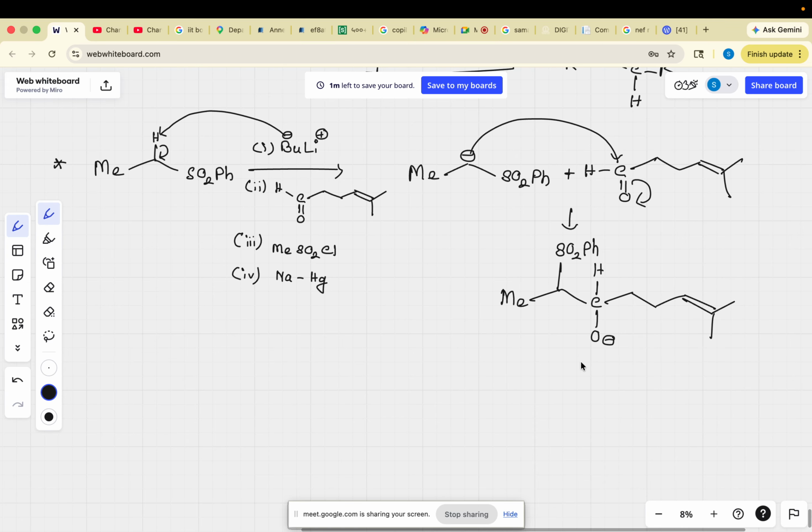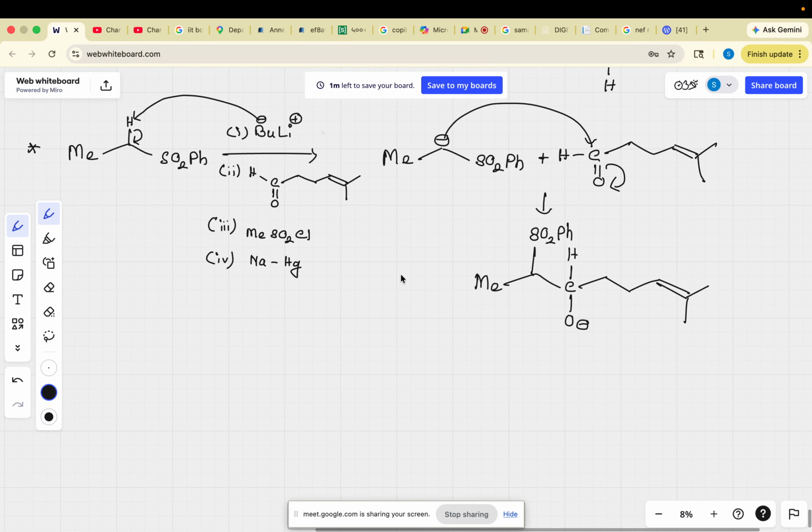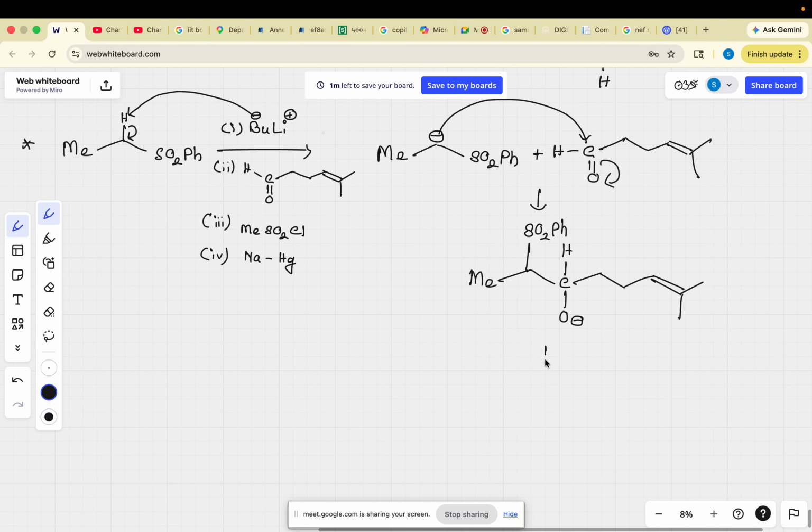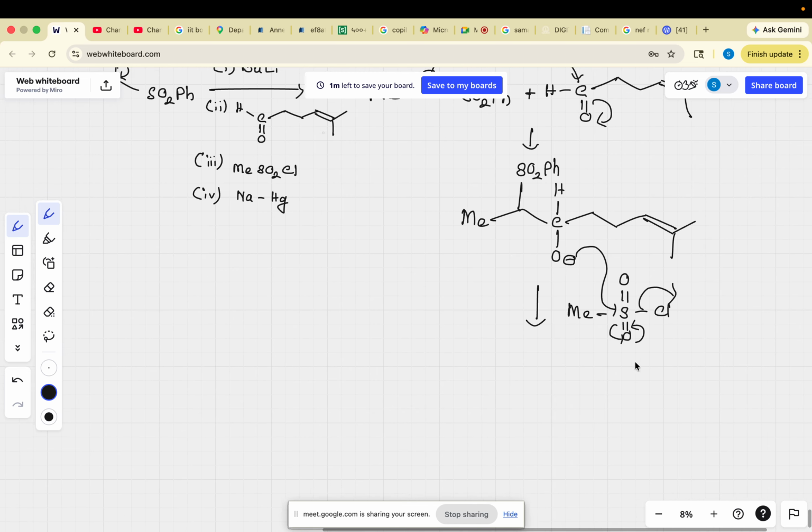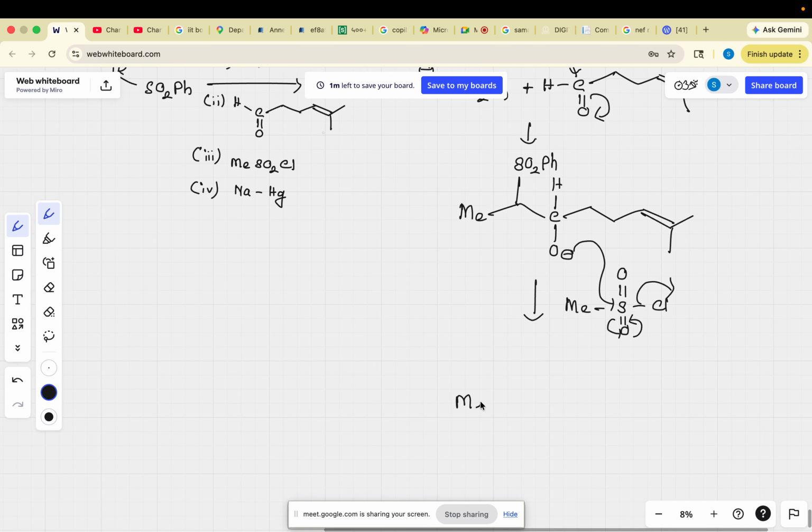Okay, next what I have, MsCl. What will O minus do? Cl will leave. Basically O minus will attack here, this bond will break, again it will come back. Chlorine is a good leaving group, so it will leave from here. So what I am getting, methyl.